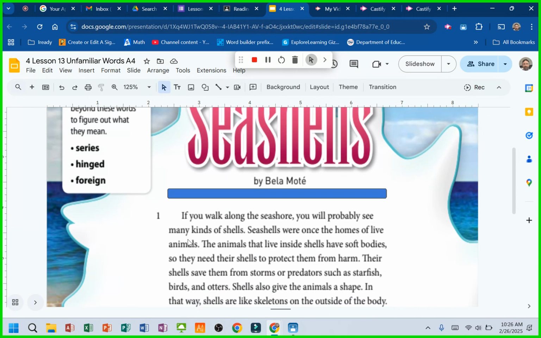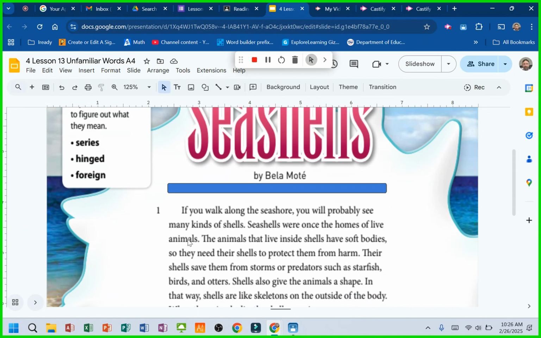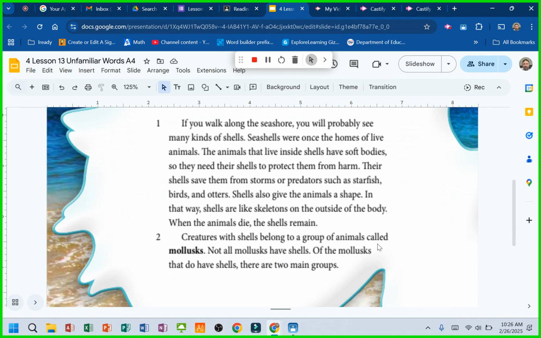Let's read Seashells by Bella Malte. I don't know if that's how you say it, but I gave it a shot. If you walk along the seashore, you will probably see many kinds of shells. Seashells were once the homes of live animals. The animals that live inside shells have soft bodies, so they need their shells to protect them from harm.